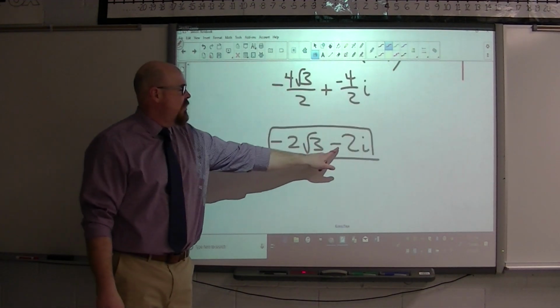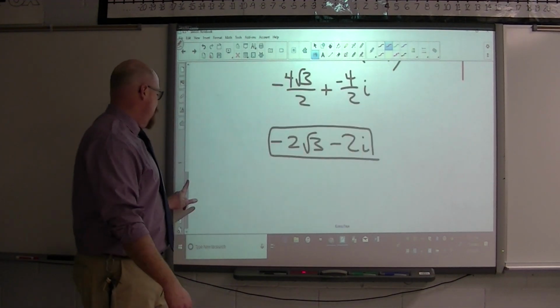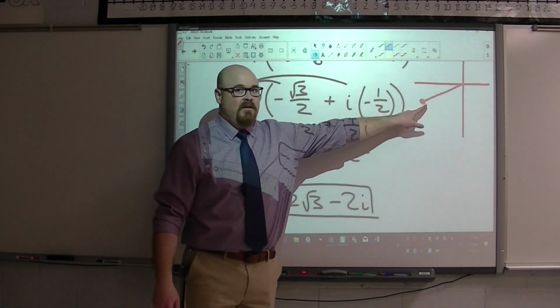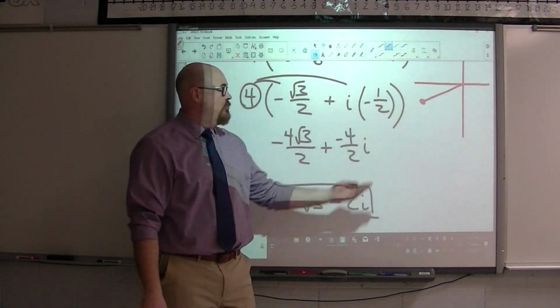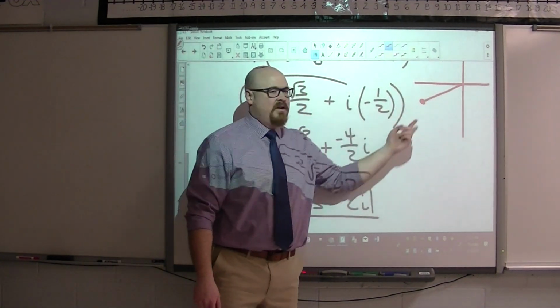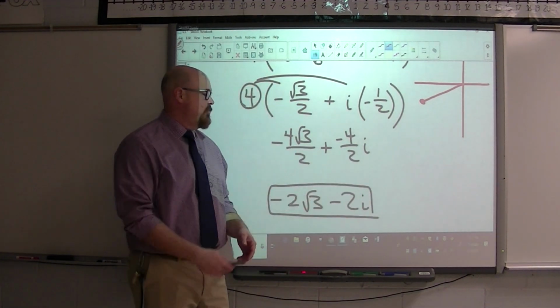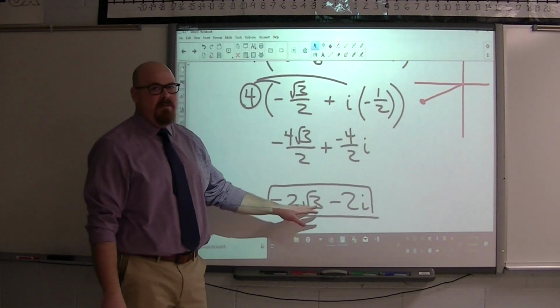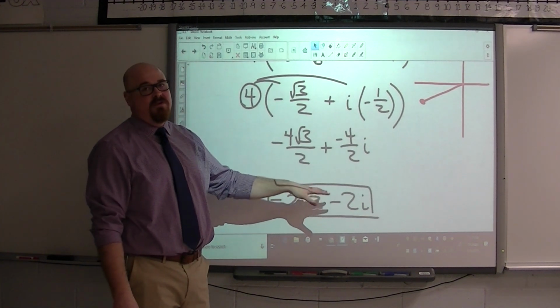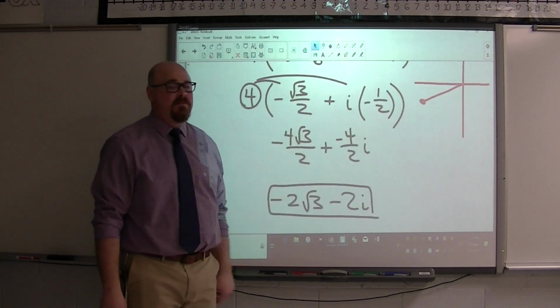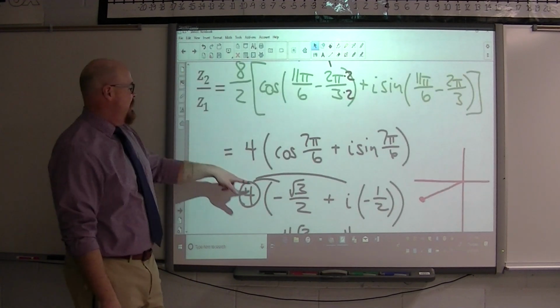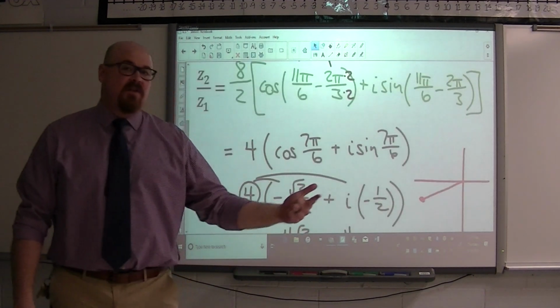Do these coordinates get you to that point? I would say so, because you're moving further this way than you are down. This number is bigger than that number, they're both negative. So it's a self-correcting process when you get to here. Make sure that this point would actually put you in the same vicinity as that, based on the angle and the modulus.